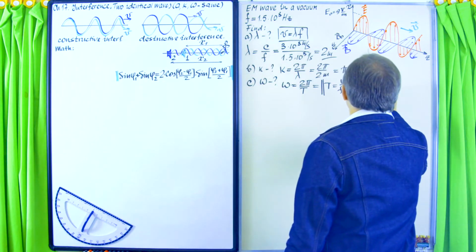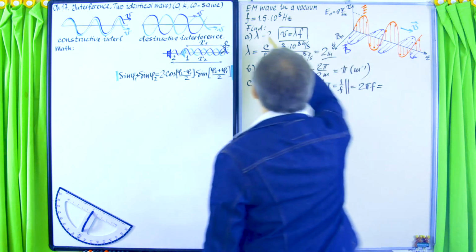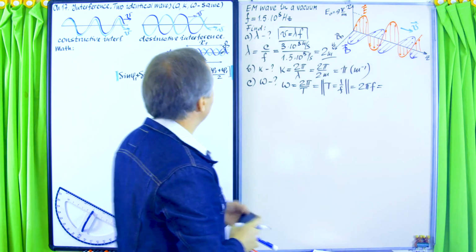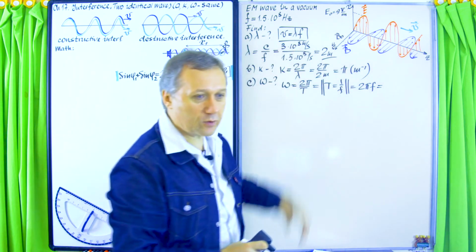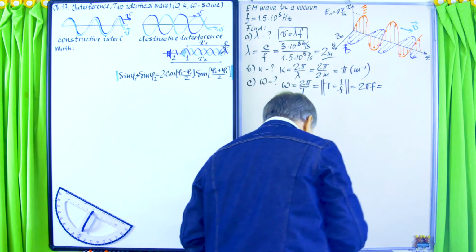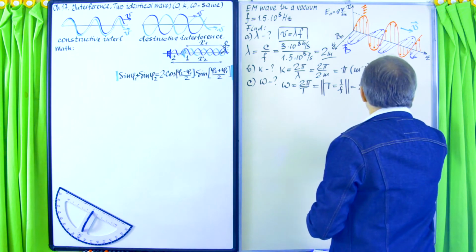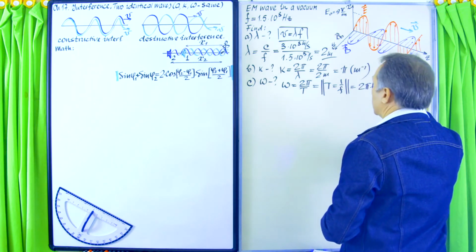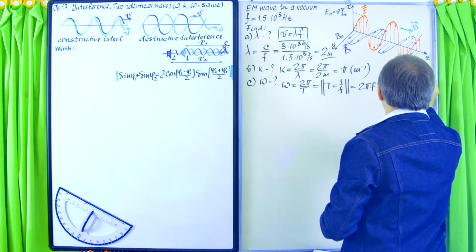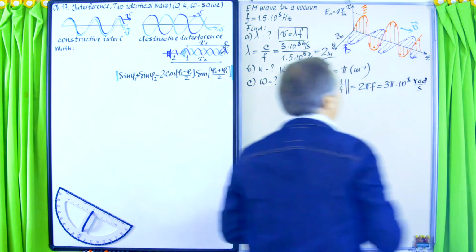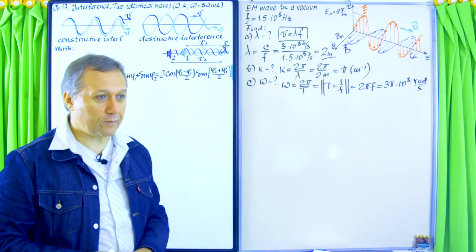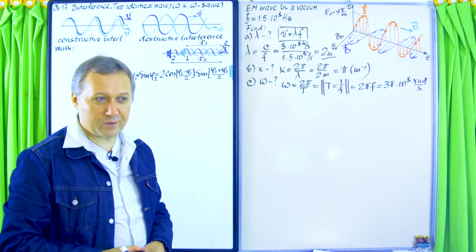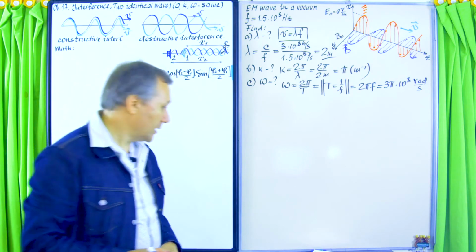So it will be 2 pi times 1.5 times 10 to the power of 8, which I will leave in terms of pi: 3 pi times 10 to the power of 8, and that's omega, in radians per second. So now we found omega, and we are almost ready to start writing down the traveling wave equations.